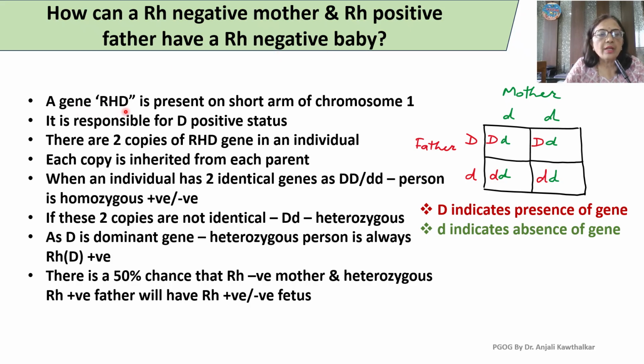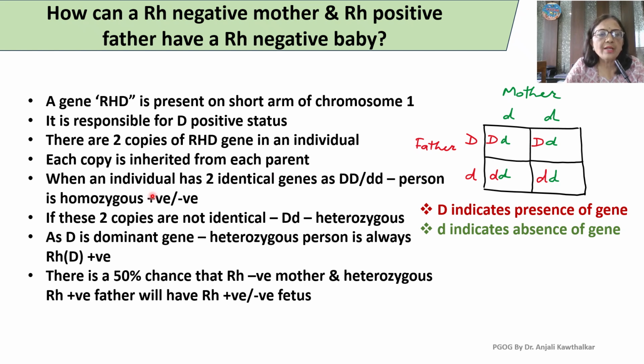A gene RHD is present on the short arm of chromosome 1. It is responsible for D positive status. There are two copies of this RHD gene in each individual, and each copy is inherited from each parent.